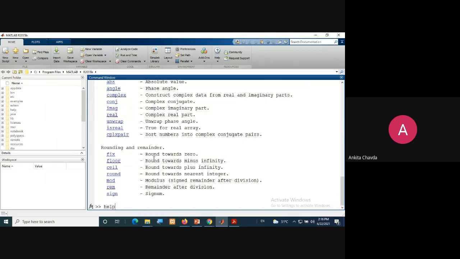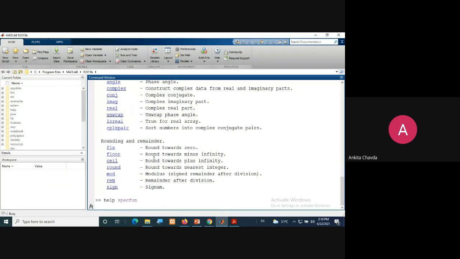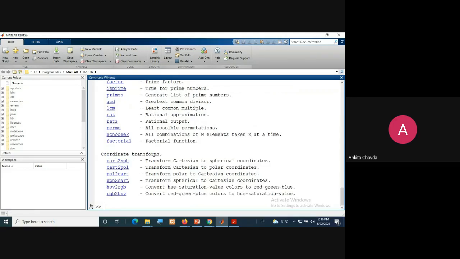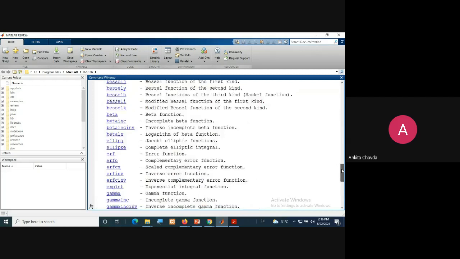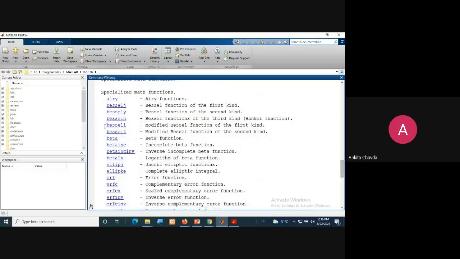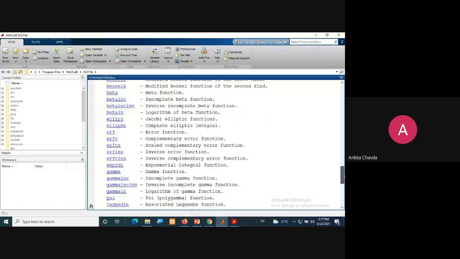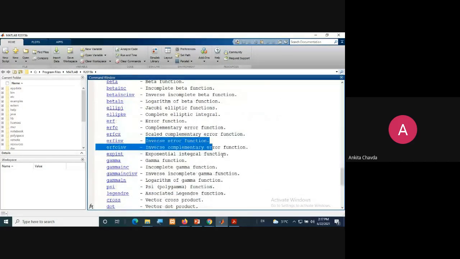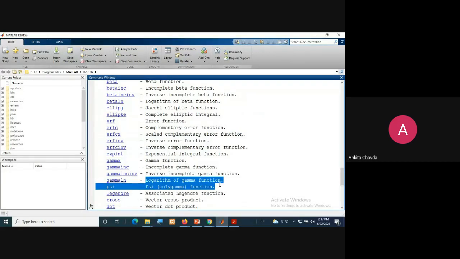Specfun means the special functions. You can mute yourself there. So here are the special functions, which we are not using much: beta functions, Bessel functions, inverse error functions, the gamma function, the logarithm of gamma, polygamma functions, vector cross product, vector dot product.